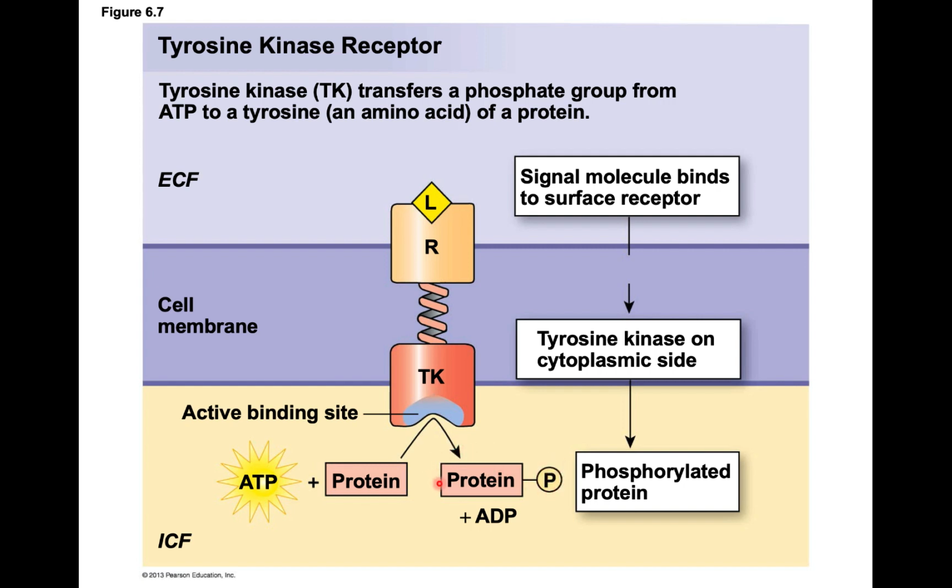You have now successfully activated a protein in the cell by simply binding this signaling molecule to that receptor. Again, notice that this signaling molecule doesn't actually get into the cell. All it did was bind to the receptor, cause some sort of structural change to activate the tyrosine kinase, and once this was activated, it acted as a kinase would, and it phosphorylated the protein to activate it.